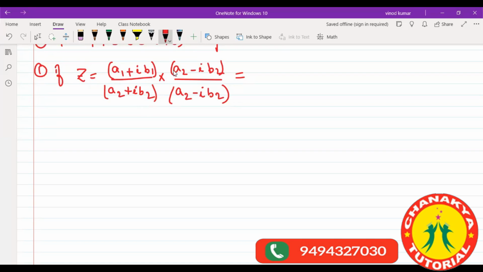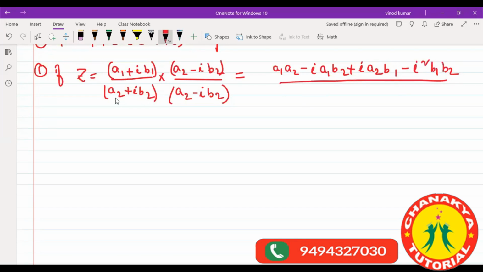Now we multiply: A1 A2 minus i A1 B2 plus i A2 B1 minus i square B1 B2, divided by the same A2 plus iB2 times A2 minus iB2. A plus B into A minus B is A square minus B square, in the same way A2 square minus iB2 whole square. When we are writing, the i square value is minus 1.